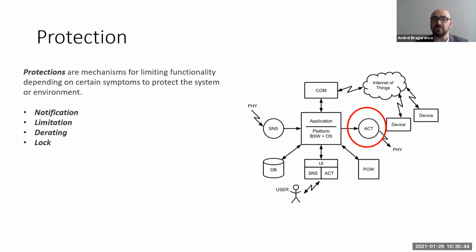In this case, what can we do? First of all, we can notify the user at a certain level. After that, we can limit the speed so it is not higher than a given value. But if you have a higher temperature, we can even apply derating.